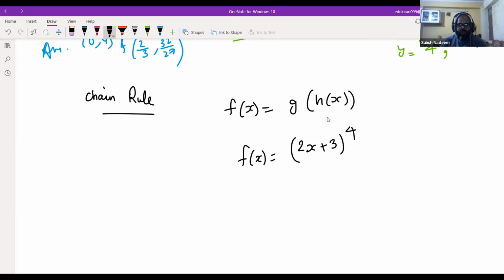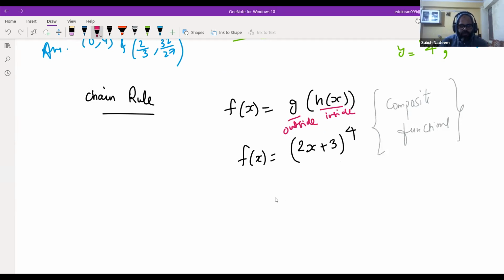This is called a composite function. In composite functions, there is one function and then another function acting on the first function. This one is the inside function and this is the outside function. h is inside, g is outside.